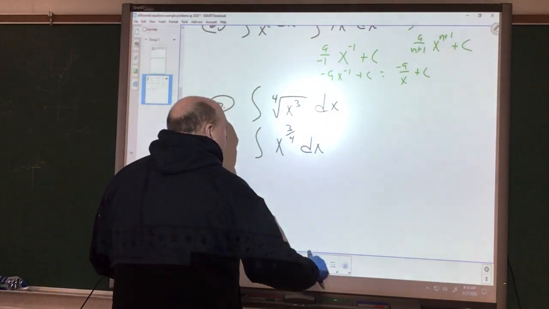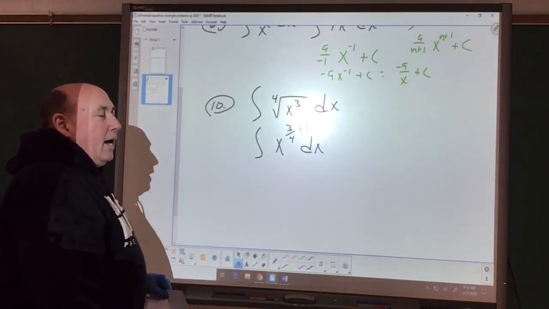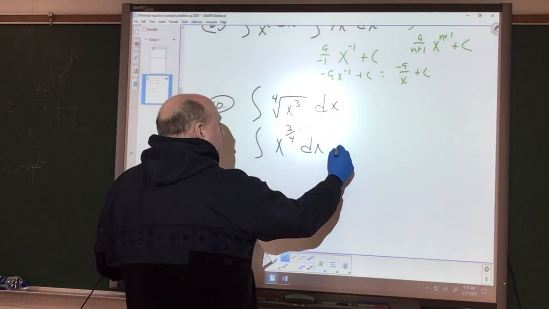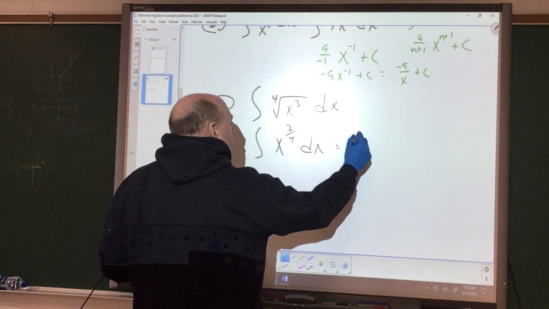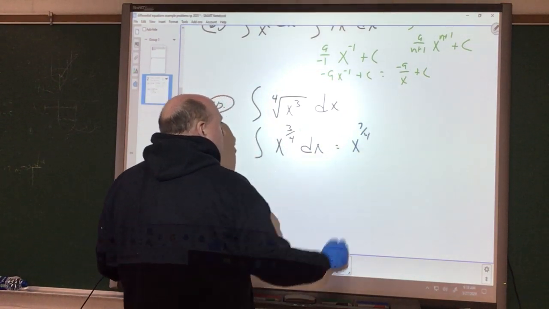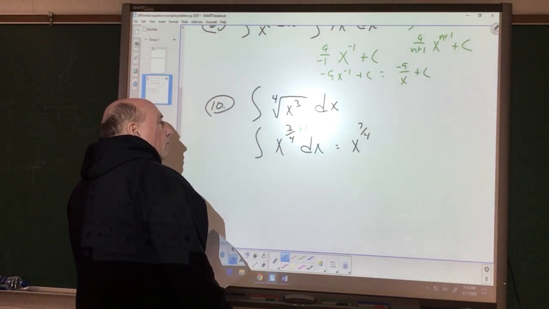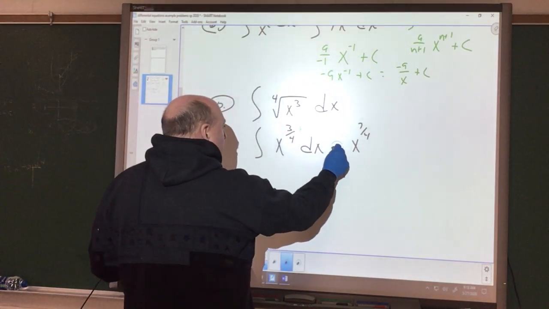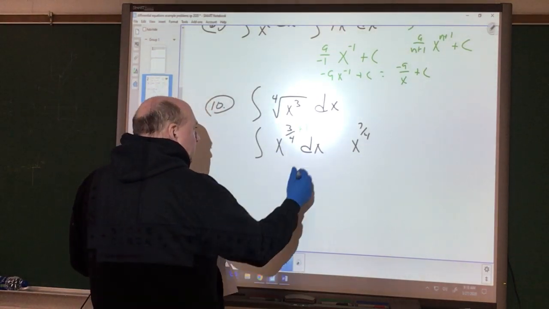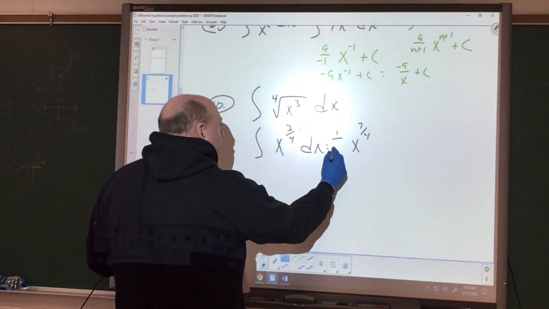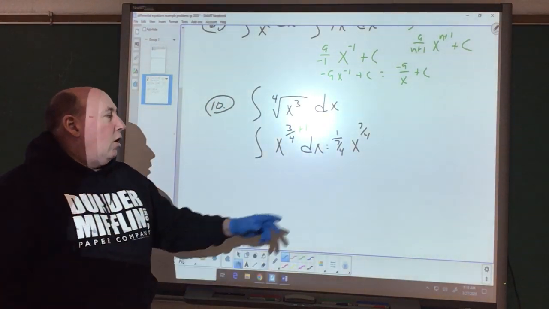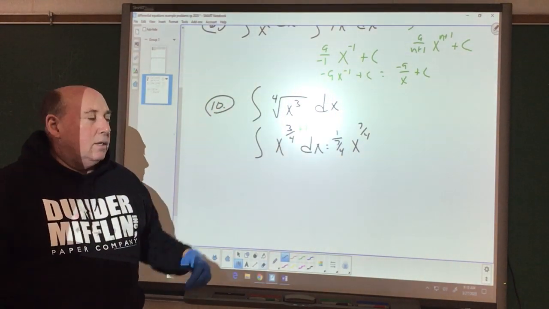Once again, what people will do is they'll add 1 in that manner. So we have x to the 7/4. And then we have to take our 1 and divide it by our new coefficient of 7/4. All this tells us to do is to reciprocate.